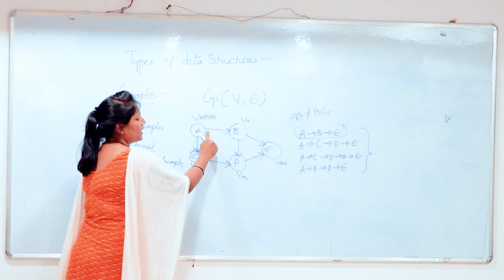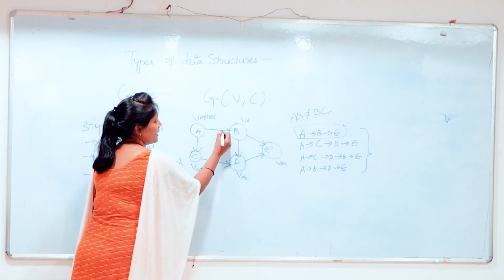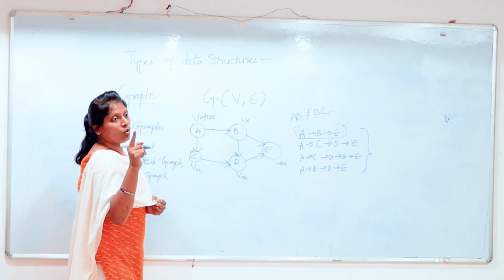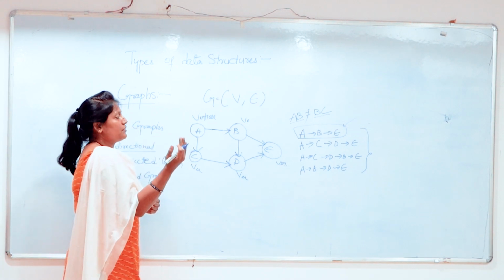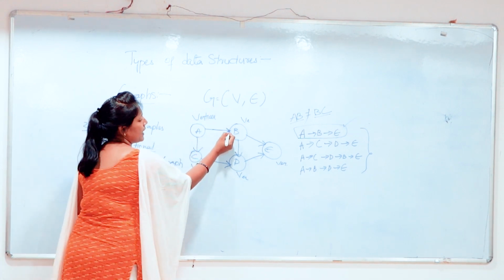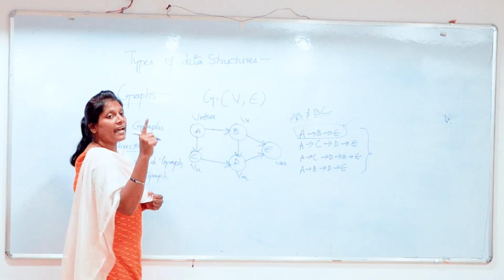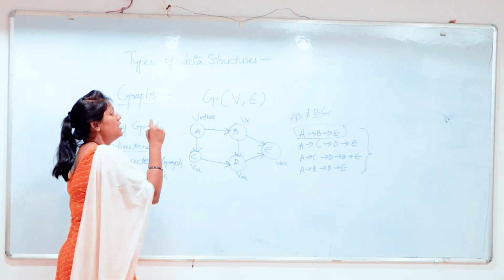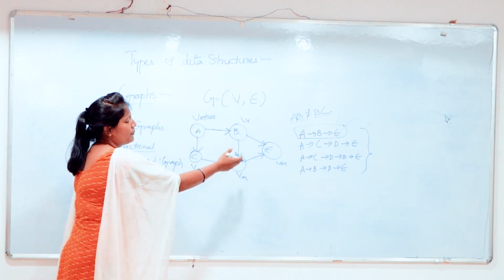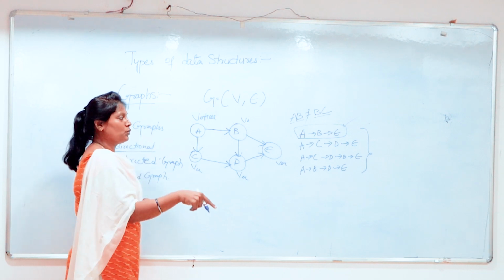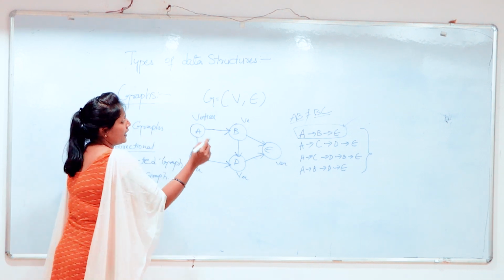Why? Because the direction is mentioned here from A to B only. We cannot traverse from B to A. Why? Because some direction is given here. In that direction only we have to traverse, whatever the path we choose, in that direction only from A to C.